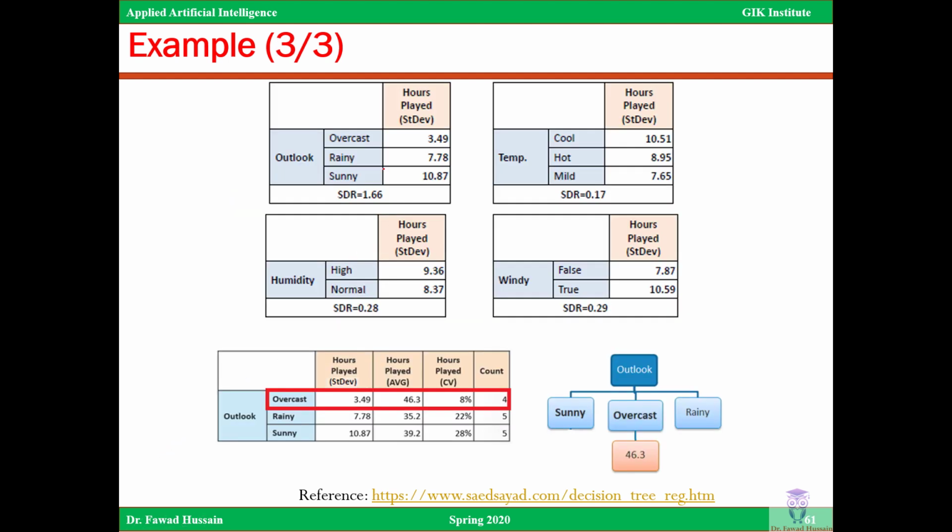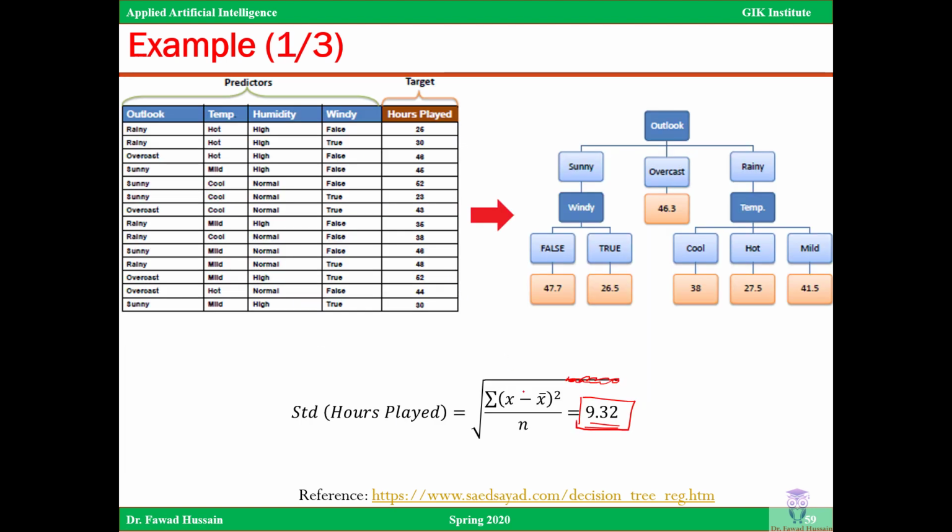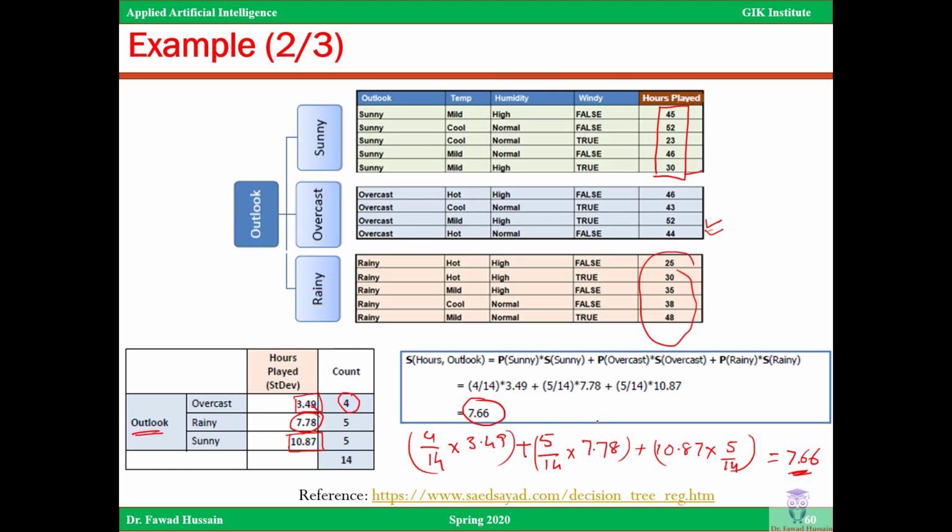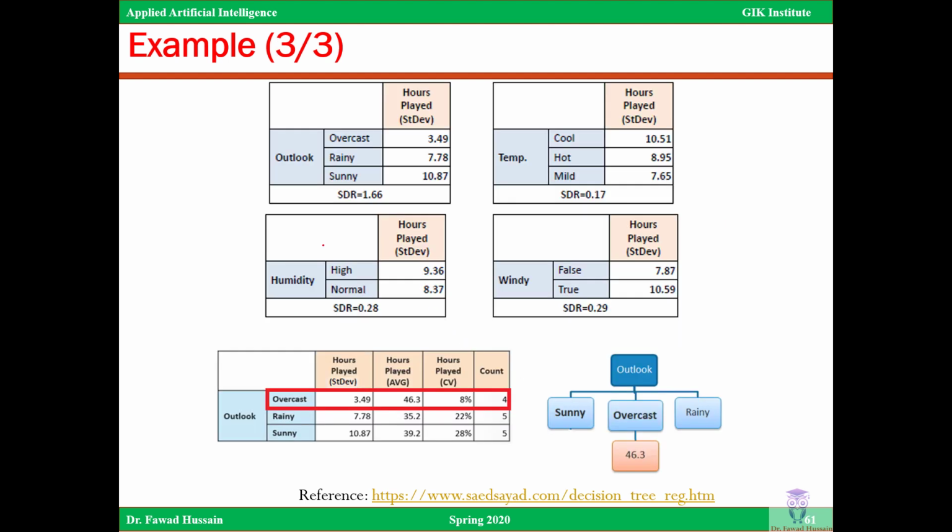After that we saw that the total standard deviation was 9.32. So 9.32 minus 7.66 is the standard deviation reduction.